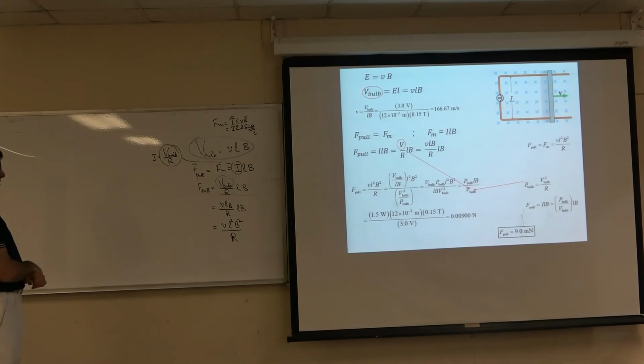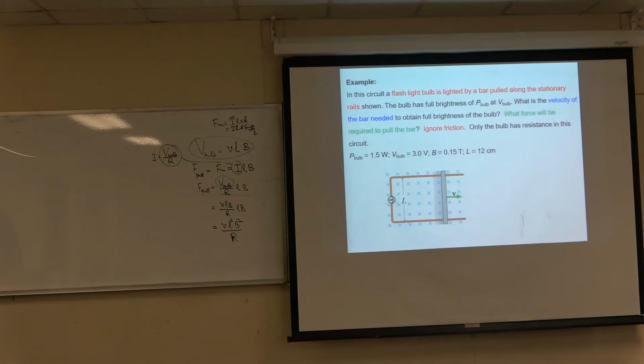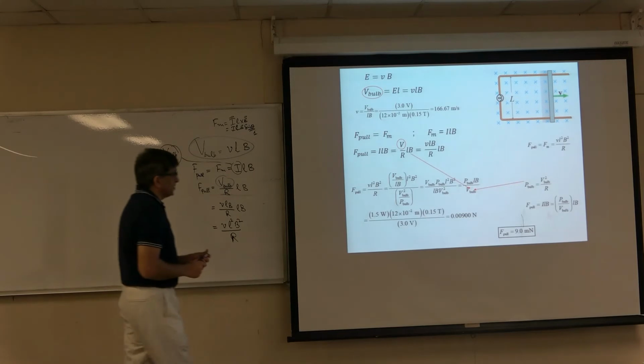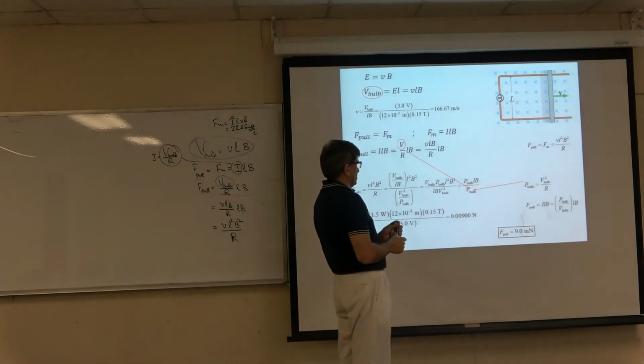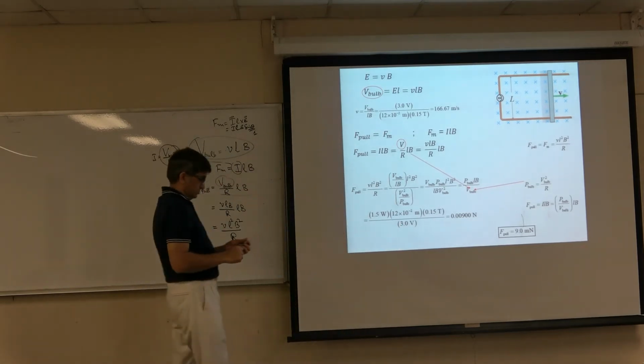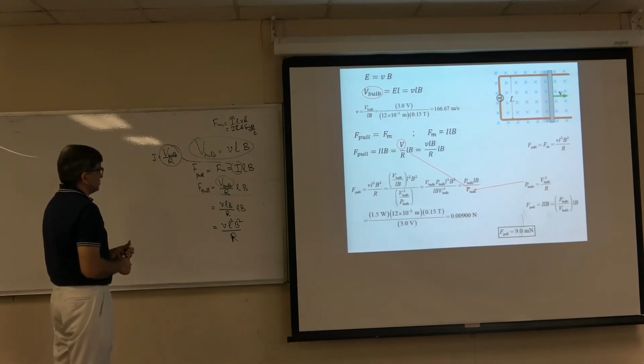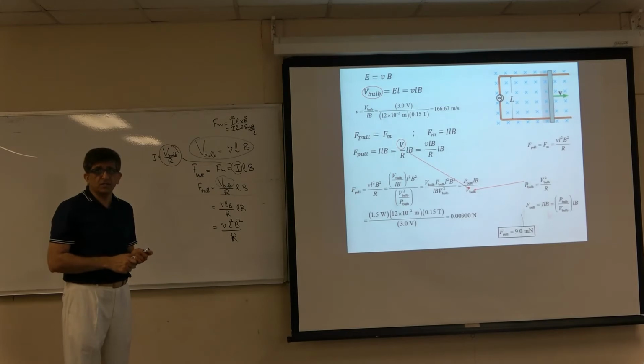Alrighty? Now, what do we know? We do not know anything about the resistance R. Now that's the problem. So what we know is that we are given the power, the power dissipated across the bulb. So what I'm going to do is the following.